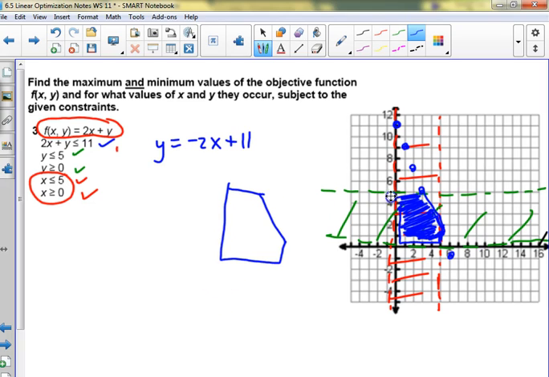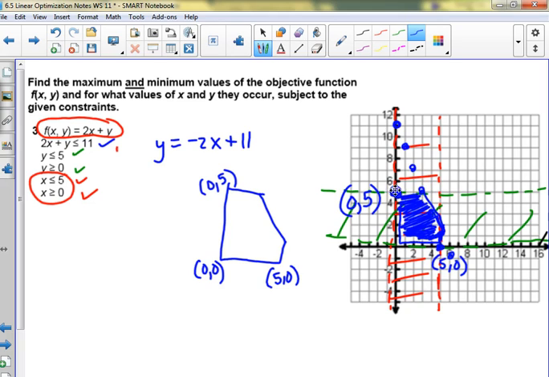All right, so this corner right here is what point? Over 0, up 5. 0, 0. I'm doing the easy ones. What's this corner down here? 5, 0. All right.